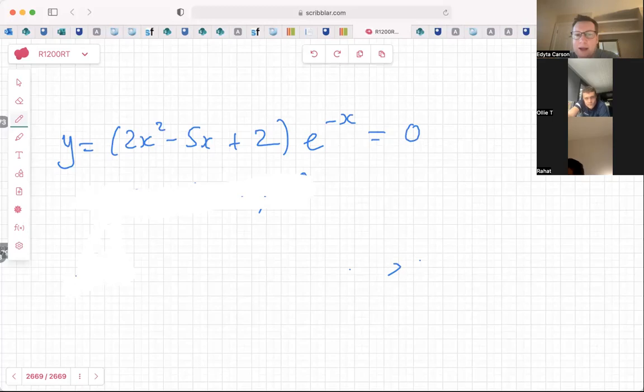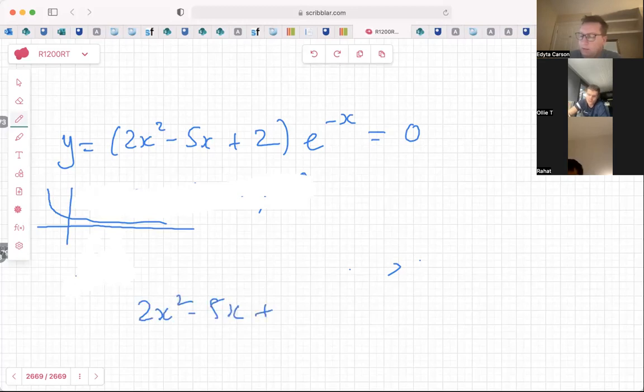The thing about e to the minus x is that it's never 0 unless x is at infinity, because it looks something like that. For any value of x, it's always a positive number. So it can't be e to the minus x. Therefore, it must be the quadratic 2x squared minus 5x plus 2.